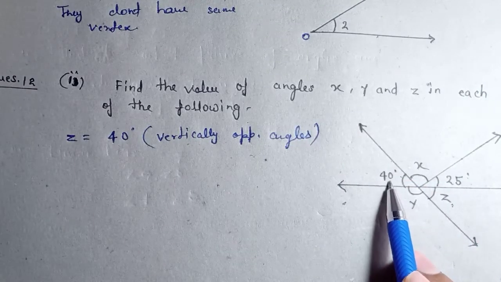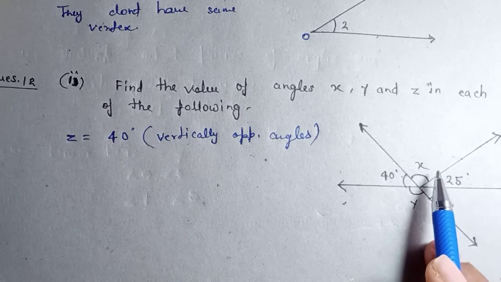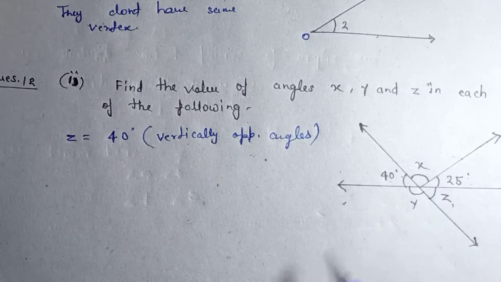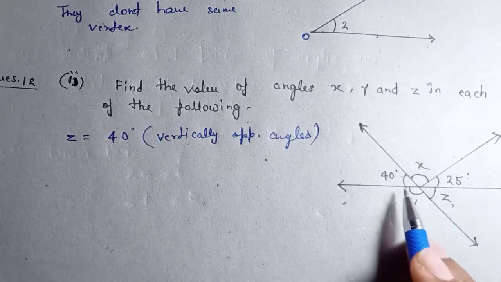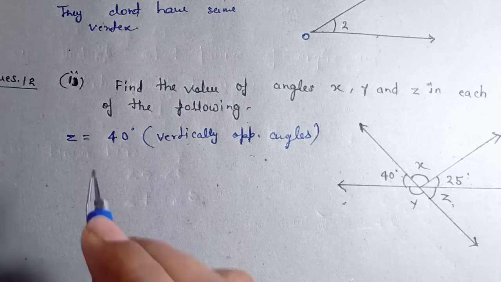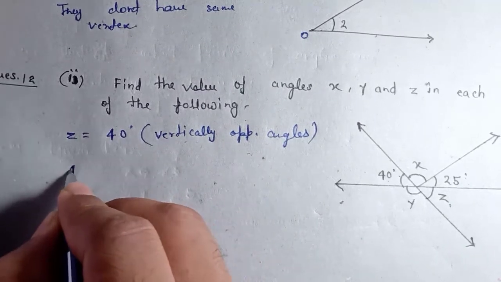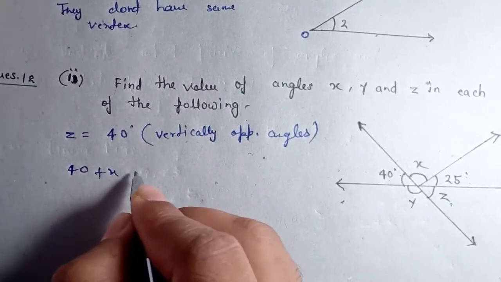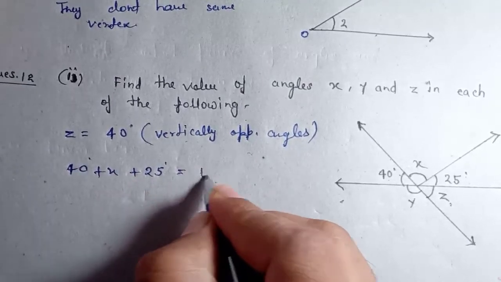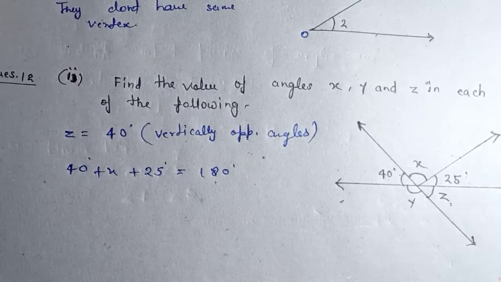Here these angles 40 degree, 25 degree and x lie on the same line. So therefore the sum of these angles is 180 degree. So you can write here 40 plus x plus 25 degree gives you 180 degree. Now you can find the value of x from here.